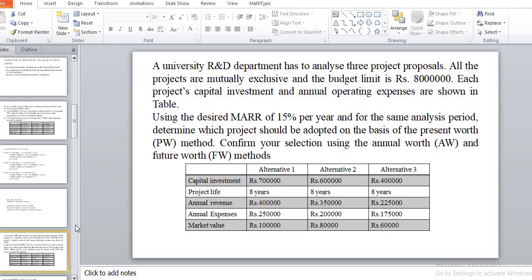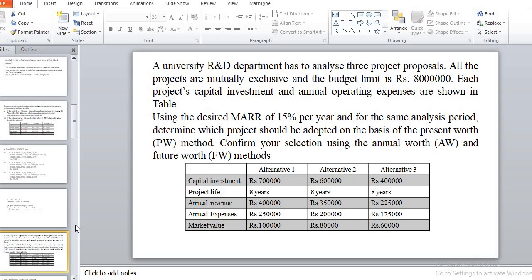So there are 3 projects, 3 alternatives given. Projects are written as alternatives: alternative 1, alternative 2, alternative 3. For these alternatives they gave a particular capital investment for project 1, 2, 3.